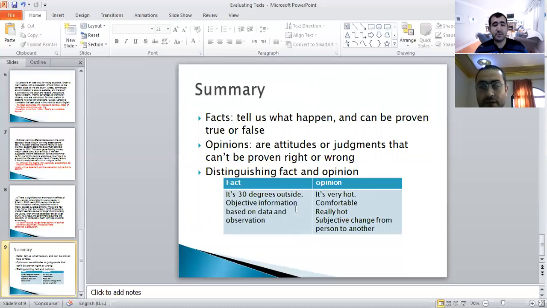The fact is based on objective information, on data and observation. But opinion is subjective. It can change from person to person, like love. And that's it for today.